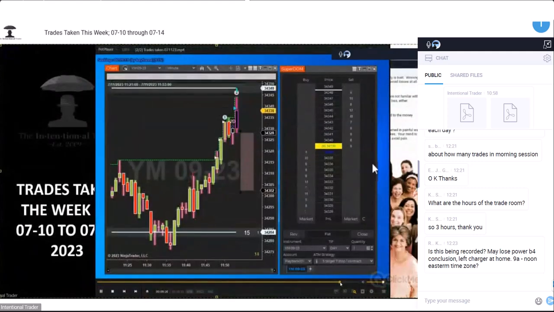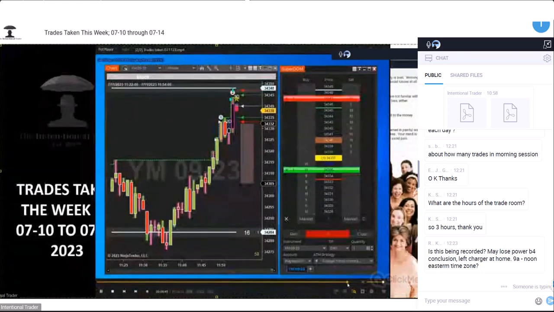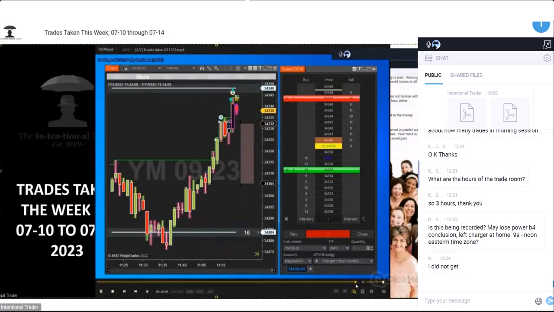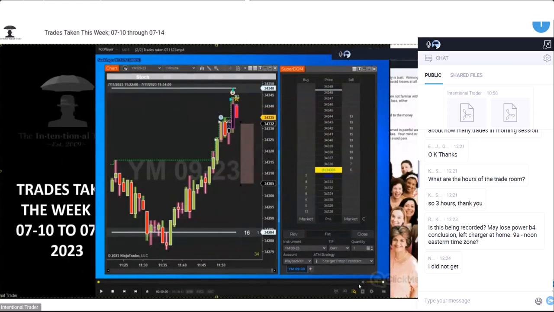I said I'd show you the good, the bad, and the ugly. These are just the trades off the log, the potential trade setup log. Again, here's our Rockstar and the winner. Okay, so that was Tuesday.